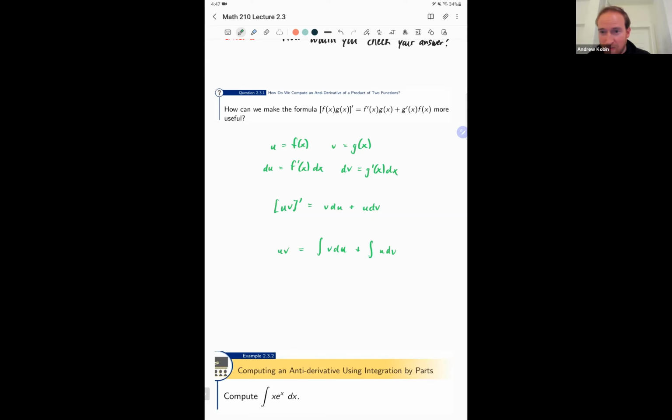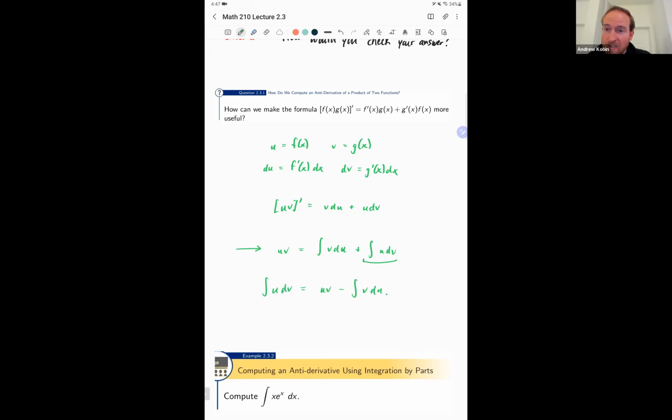And suppose we can sort of peer into the mist and see, oh look, this is actually of the form integral of u dv for some functions u and v. Let's pull that out to the left side. Well, if that's true, then this key expression, this reinterpretation of the product rule in terms of integrals, reads: the integral of u dv is equal to uv minus the integral of v du.